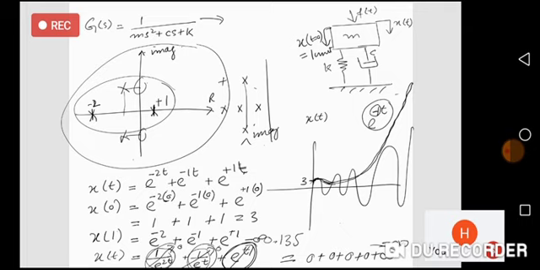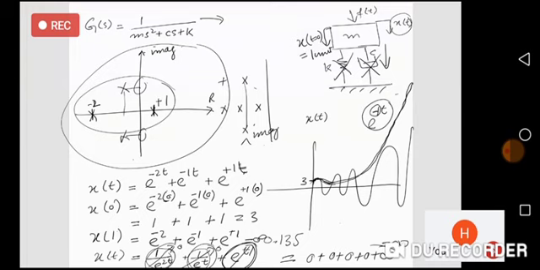I let it go. So rather than going towards the equilibrium point, which is x equal to 0, it keeps going downward. The mass keeps going downward until it breaks the damper, it breaks the spring, and it breaks the whole system, because there is no stopping x of t.